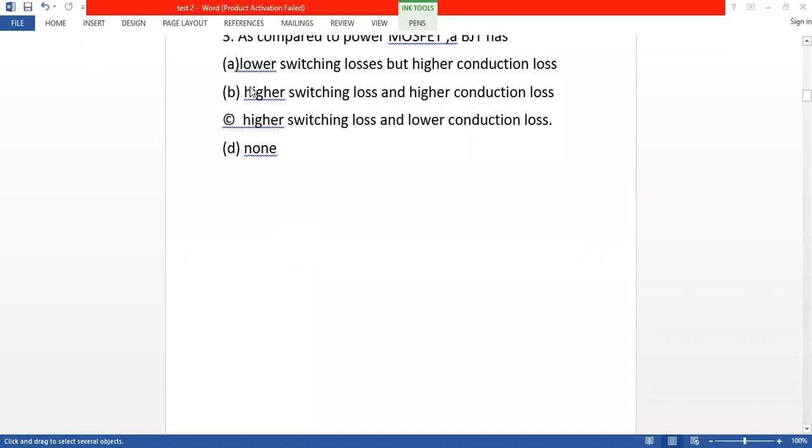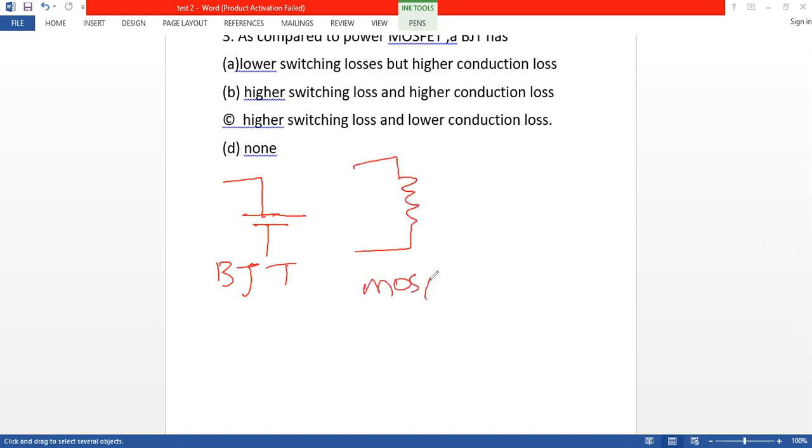You can model BJT as a battery when in conduction, whereas MOSFET as a resistor when in conduction. A diode is like a combination of both.